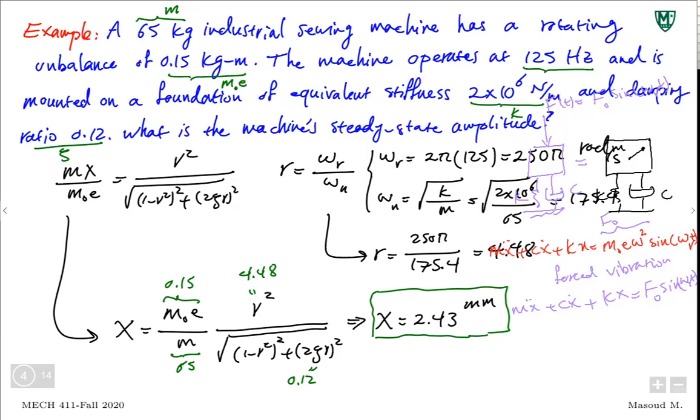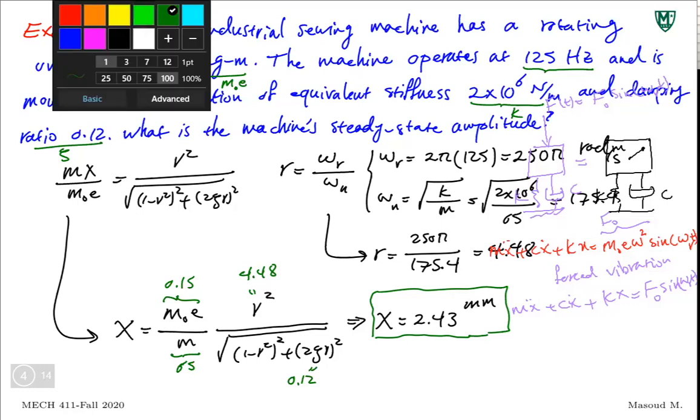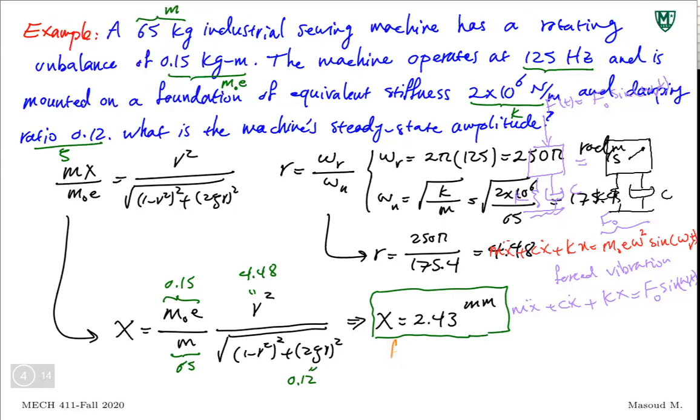Close this. So for simulation purpose, C, I know, is 2 zeta m omega n. I have everything I need. 2 zeta is 0.12, m is 65 kilograms, and omega n, the natural frequency, I found it to be 175.4.